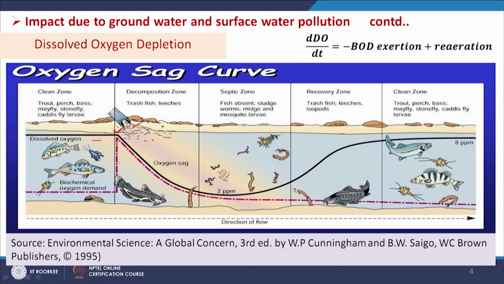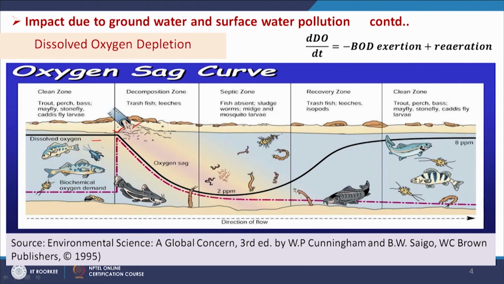When it enters here it is mixed and its BOD concentration increases, and the dissolved oxygen concentration, if it is saturated, is about 8 to 9 ppm.